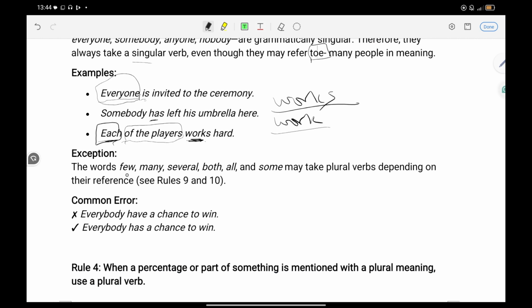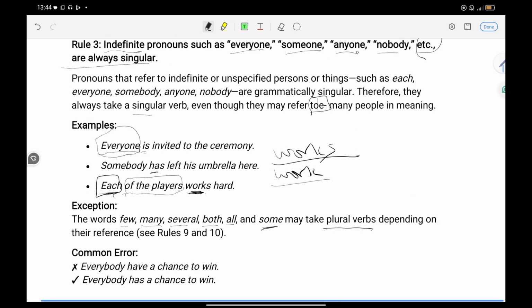Exception: the words few, many, several, both, all, and some may take plural verbs depending on their reference. Remember, we said indefinite pronouns are always considered to be singular, but there are exceptions: few, many, several, both, all, and some. Always remember this.